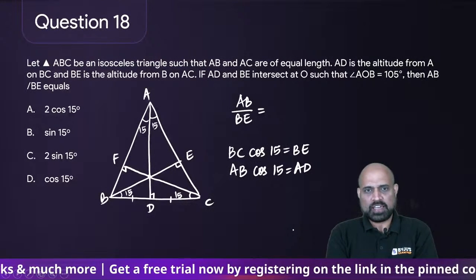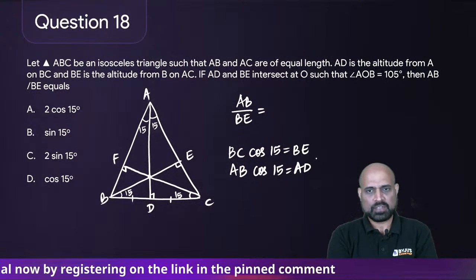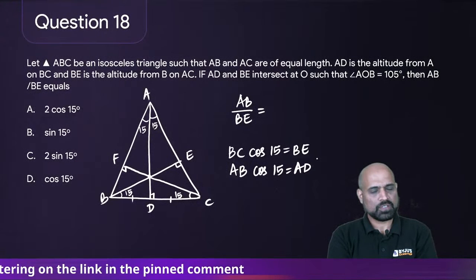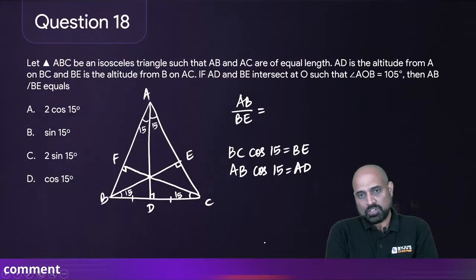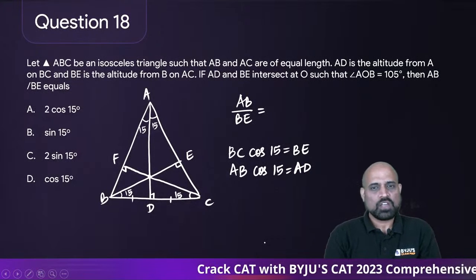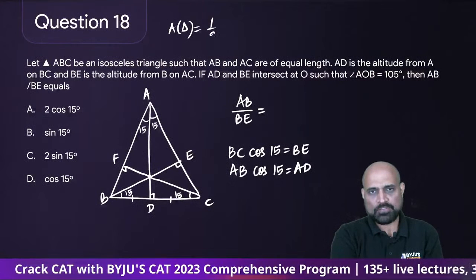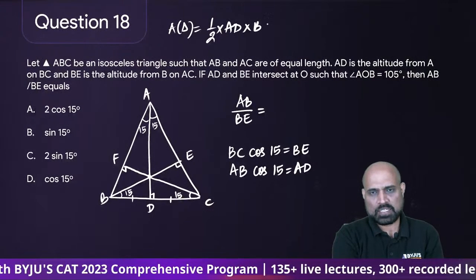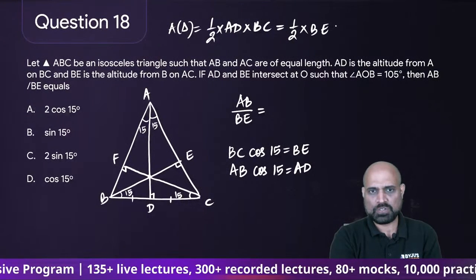पर हमें चाहिए AB. ठीक है, AB is here and we need BE. BE is also here. AB by BE is required. AD by BC. That will not help. Okay, can we say area of this triangle is half into AD into BC, which is further same as half into BE into AC.